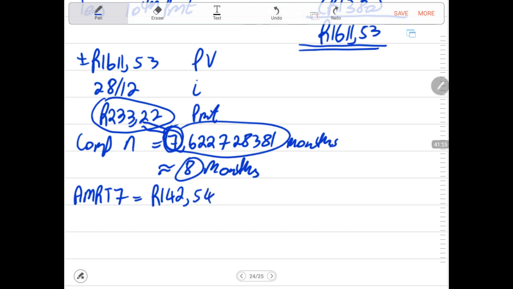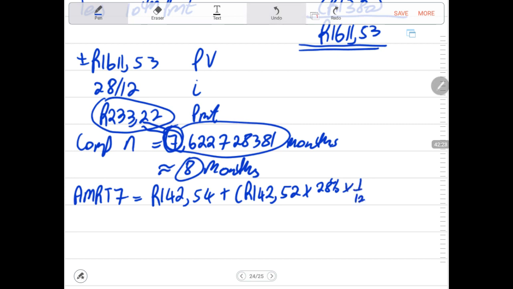So now, from the 7th payment to the 8th payment, which is lower than the regular payments, we need to add interest. So now we have to say plus interest. Our interest is 142 rand 54 cents, yes 54 cents, not 52 cents, times 28% times 1/12.